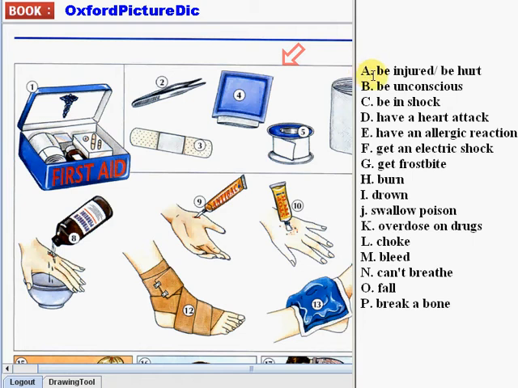We had the medical emergency: be hurt or be injured, be unconscious, be in shock, have a heart attack, have an allergic reaction, get an electric shock, get frostbite, burn, drown, swallow poison, overdose on drugs, choke, bleed, can't breathe, fall, or break a bone.